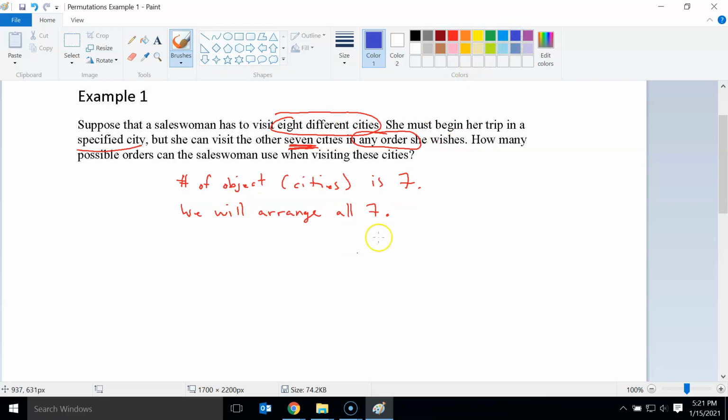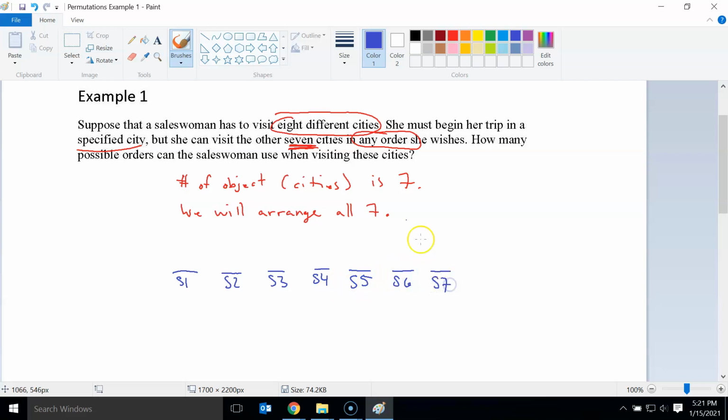All right, so let's think about this. Suppose we have our first stop. We can label this S1. And then we have our second stop, S2, our third stop, our fourth stop, our fifth stop, our 6th stop, and then our 7th stop.